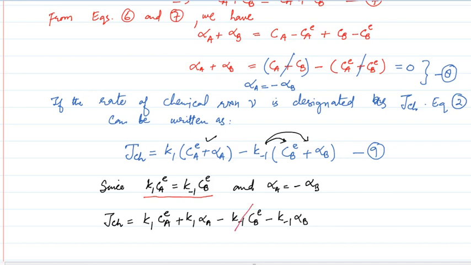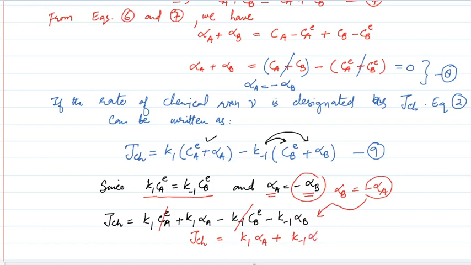That means this term and this term will cancel, and also this alpha A is basically equal to minus alpha B. So here JCH can be written then as K1 alpha A. Here in place of alpha B we will introduce the value minus alpha A, because alpha B is equal to minus alpha A. So we will introduce this value in place of alpha B. So it will be then plus K minus 1 alpha A.